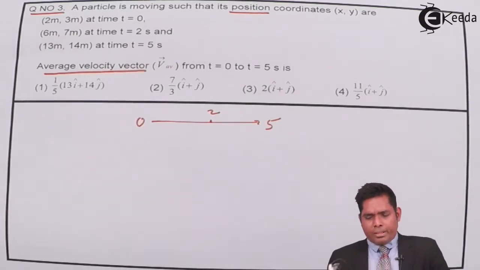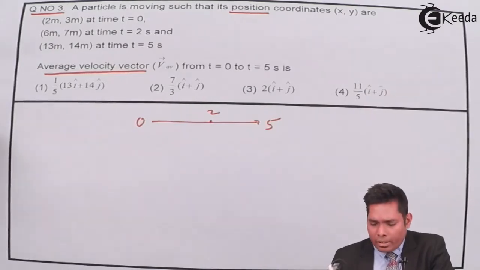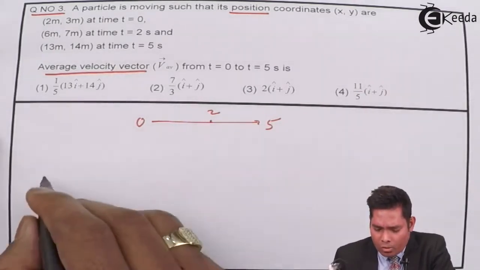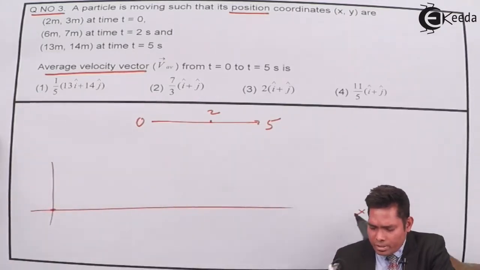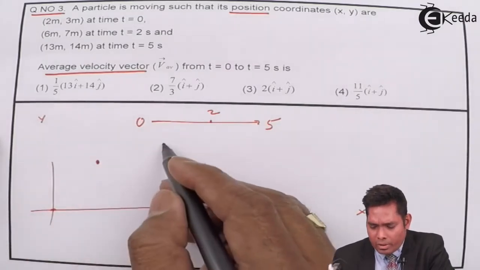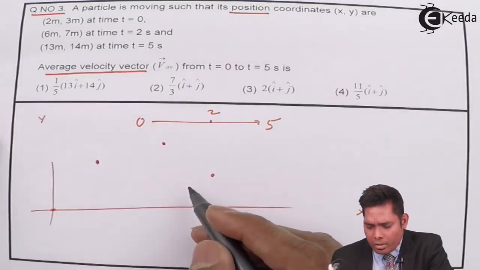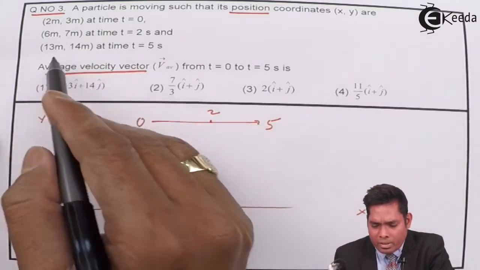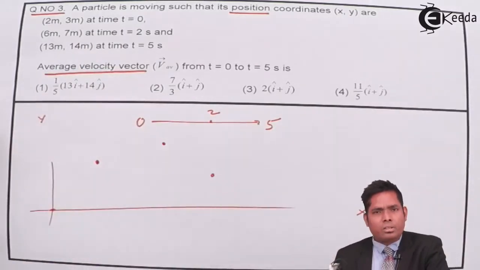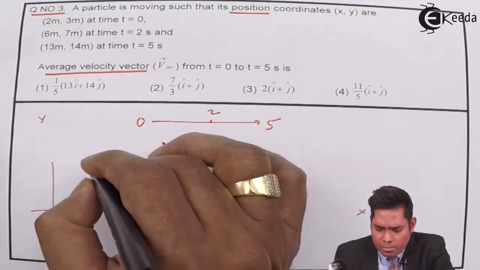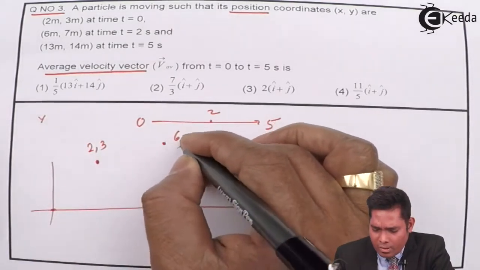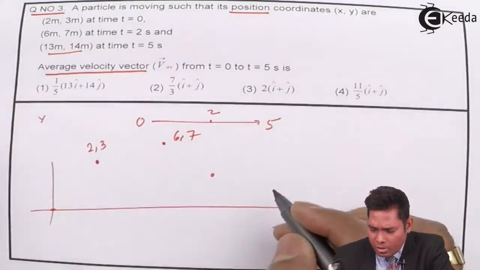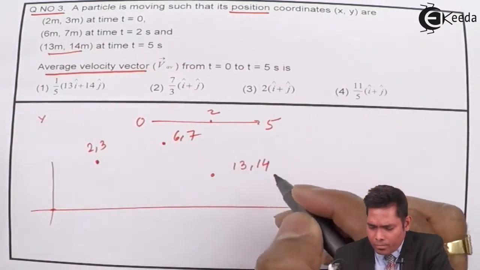So let me explain graphically so that you will have a better understanding of this. Suppose this is the origin, this is the x-axis and this is the y-axis. The particle is here, now going there, now going here. We don't know where it is. I'm not writing the exact coordinate, but somewhere it's changing its position. Its position is 2, 3, its position is 6, 7, and this position is 13 and 14.